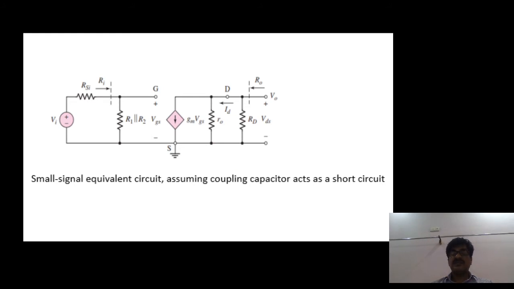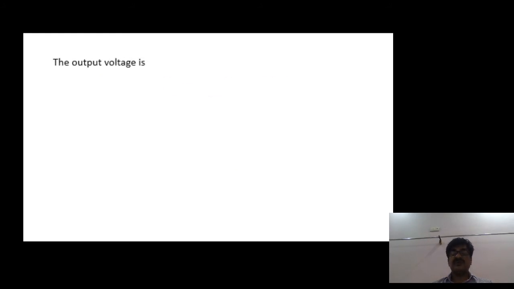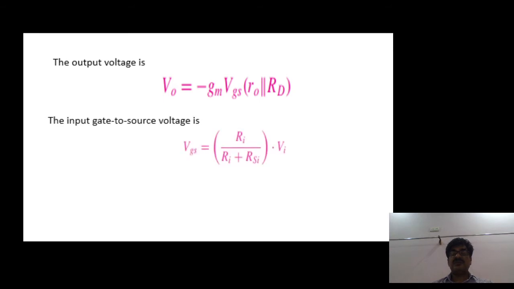Now, let us see the derivation of the voltage gain first of all. What is the output voltage in the above diagram? The output voltage is the drop across the parallel connection of small r0 and capital RD. That is V0 equals minus gm Vgs into r0 parallel RD. But the Vgs is from the input network, and you can get it by the voltage divider circuit.